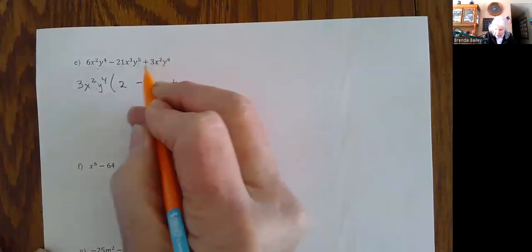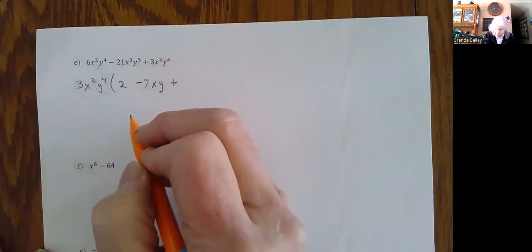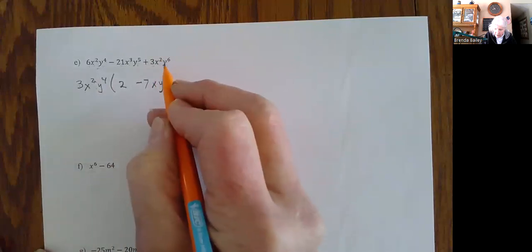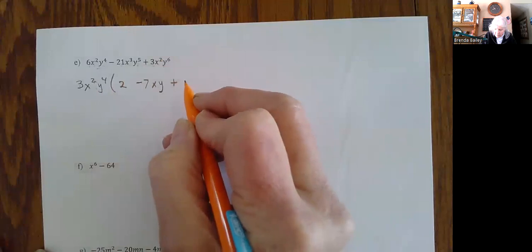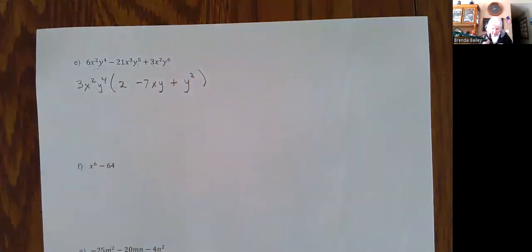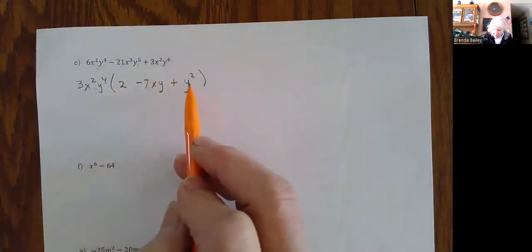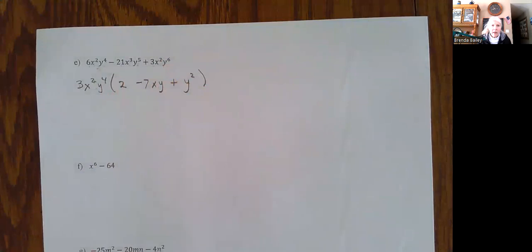The x squareds cancel, and it looks like you're going to have a y squared. All right, let's double check. So if you were to multiply, yes, you come back to the original. Can this be factored? This one cannot.